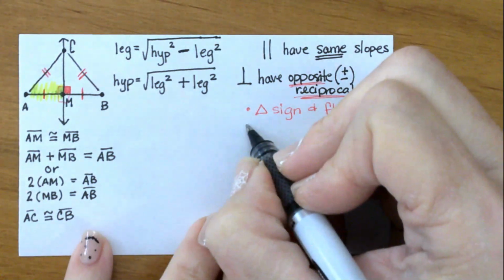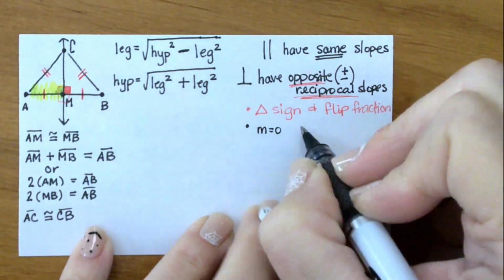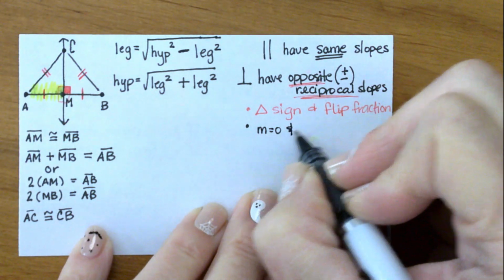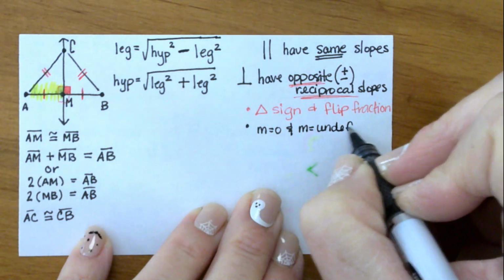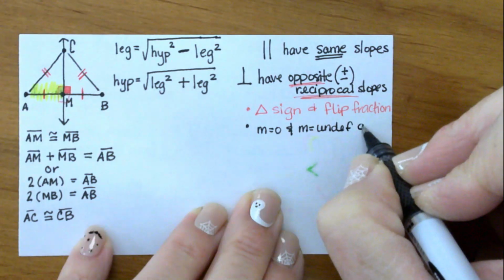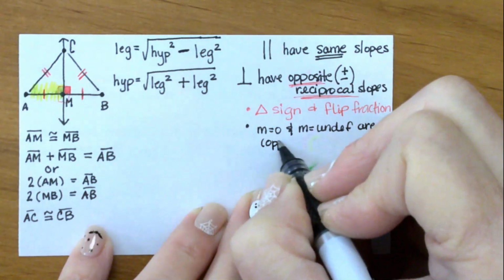And m equals 0 and m equals undefined are perpendicular. Those are opposite reciprocals.